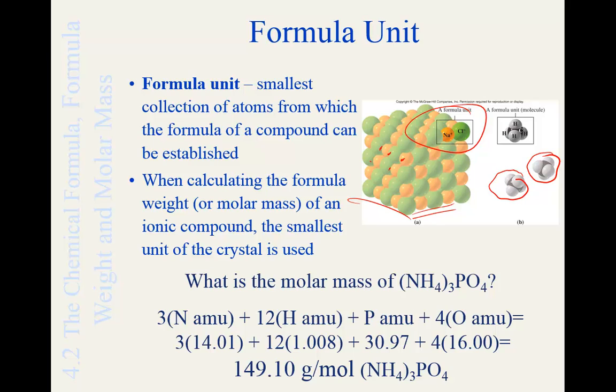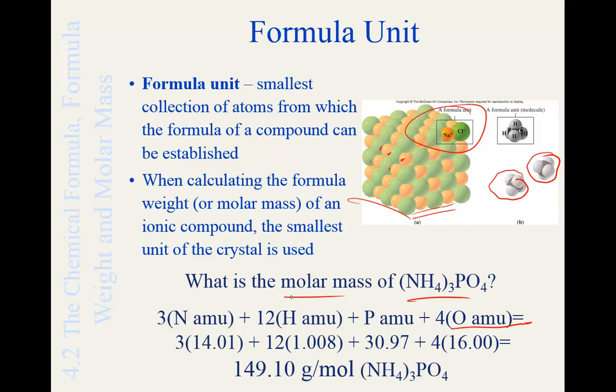In the example of this calculation down here, they're asking you for the molar mass. It's funny, they show you how to calculate the formula weight first. That's what this is. When we multiply this all out, we would have gotten 149.10 atomic mass units.